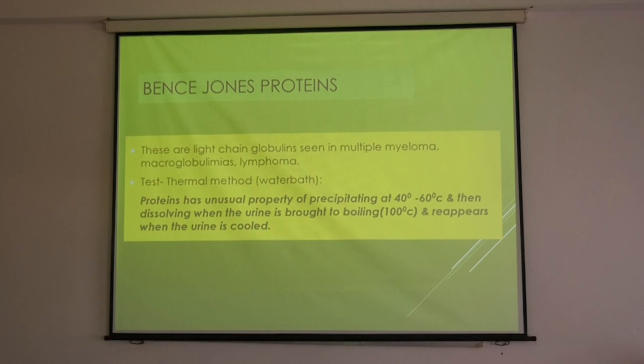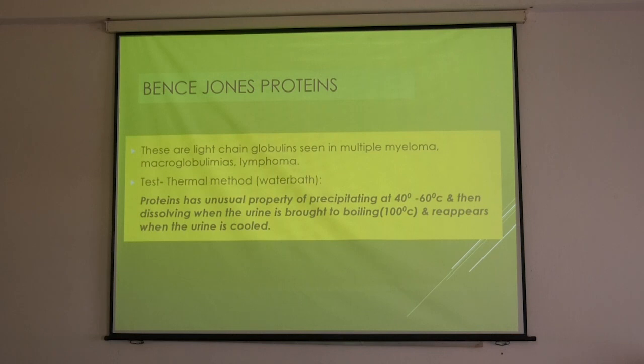We detect this similarly as we perform the test for other proteins. We take the urine, heat it, and there will be cloudiness. But after a certain point, when we start boiling the urine, the cloudiness will disappear. This characteristic is specific for Bence-Jones protein.